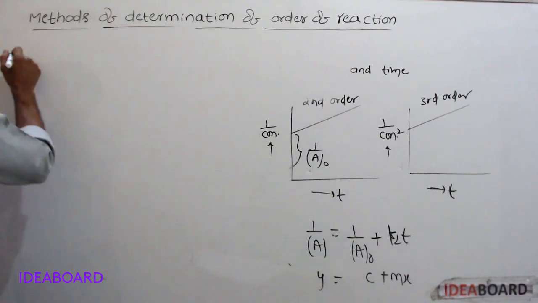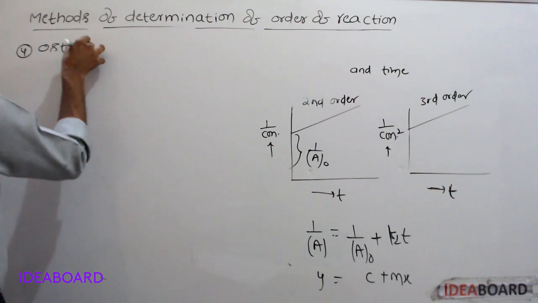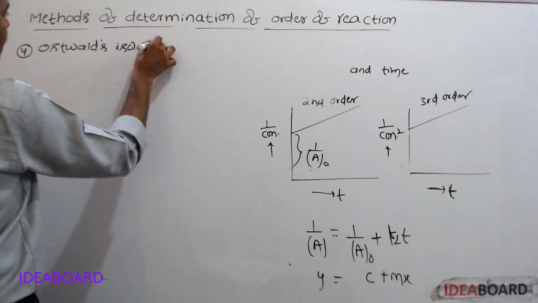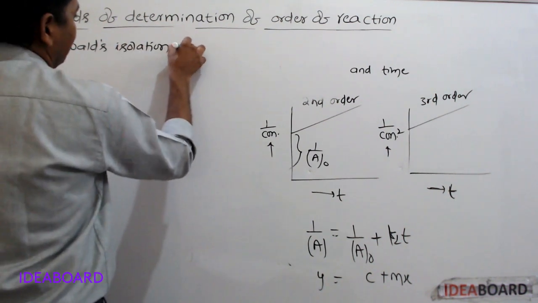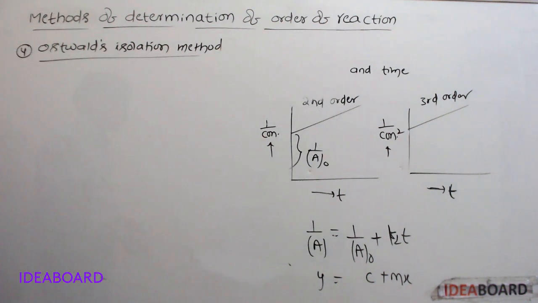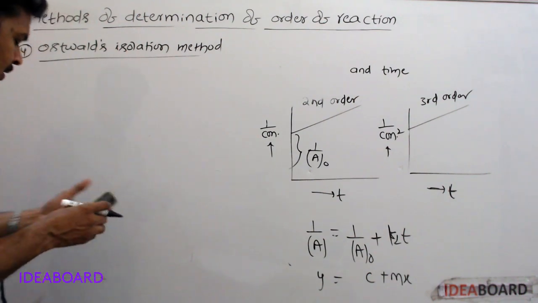Next, the fourth one is Ostwald's isolation method.